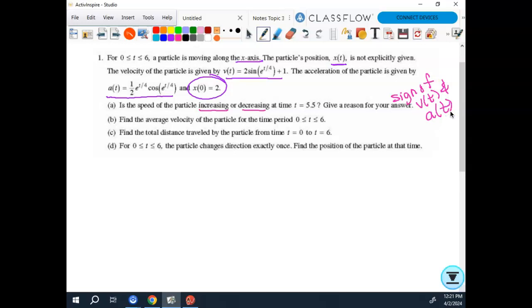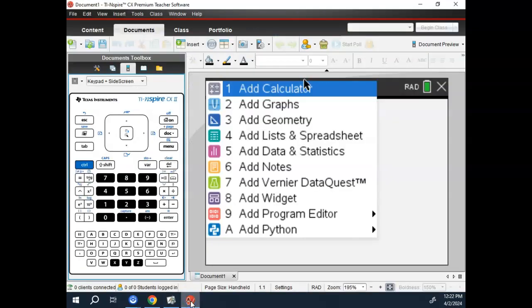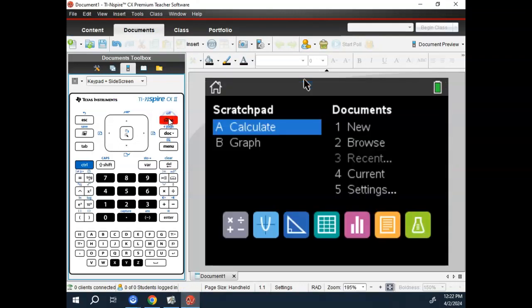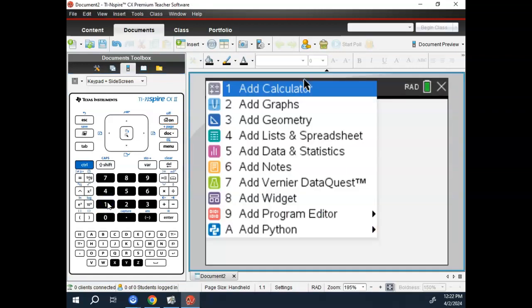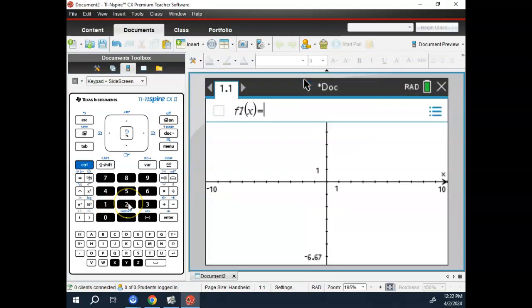Okay, so when we go back down here to do a, this is a calculator question, so we're going to put these in our calculator, which means we want to add a graph. So if you turn it on and you're on the black screen, 1 for new, and then say no if it asks if you want to save it. And then 2 for graphs. And in F1, we're going to put the velocity.